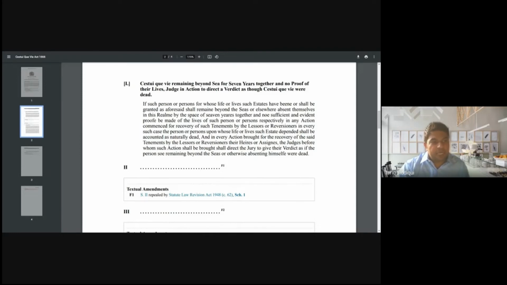Let's continue. If such person or persons for whose life or lives such estates have been or shall be granted as aforesaid, shall remain beyond the seas or elsewhere, absent themselves in this realm by the space of 7 years together, I apologize.